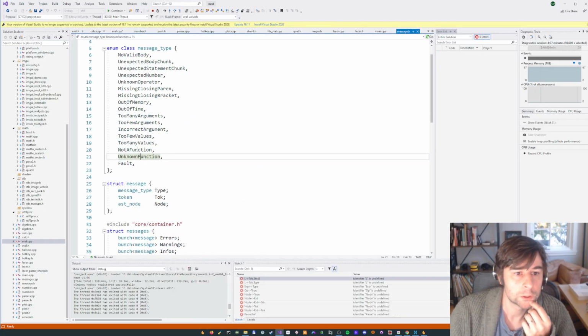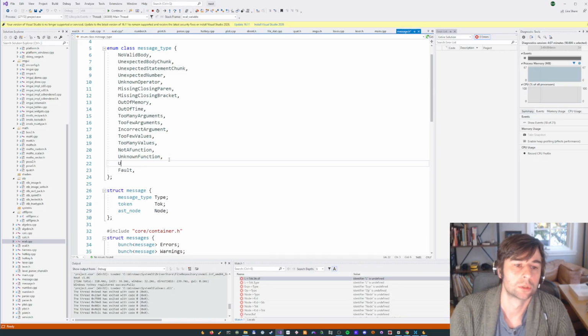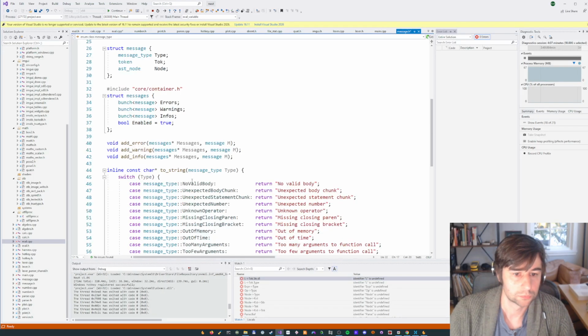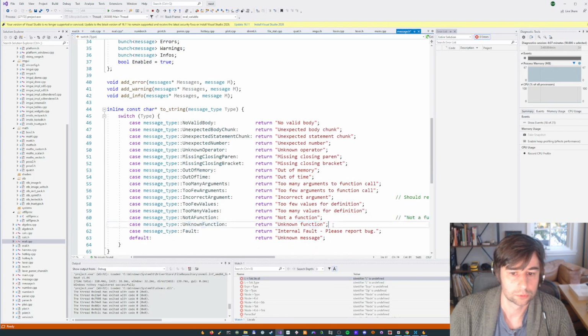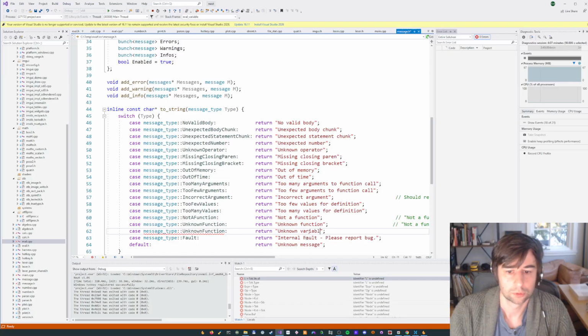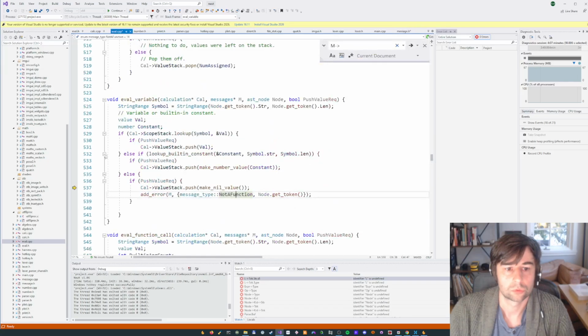Unknown function, unknown operator, unknown variable. So this will just be kind of a warm up. And node get token. Yeah, okay.